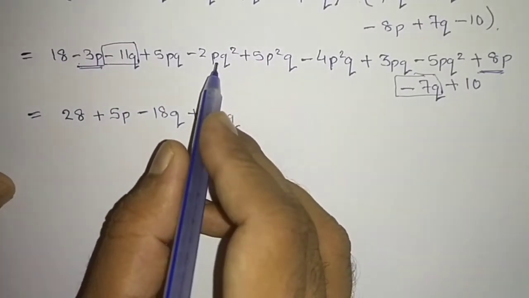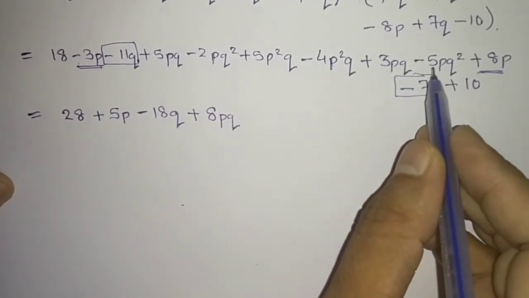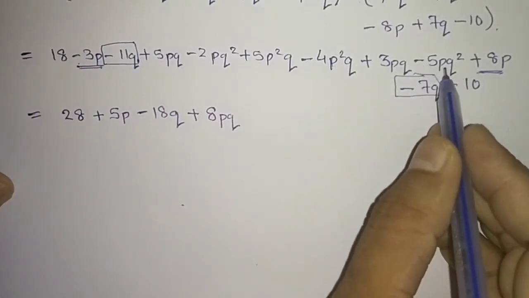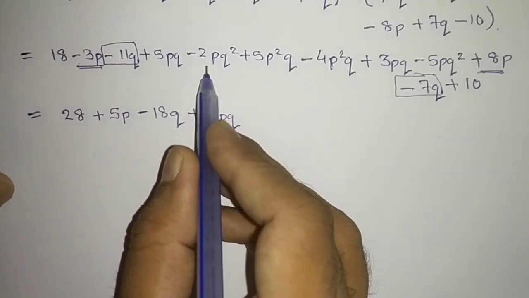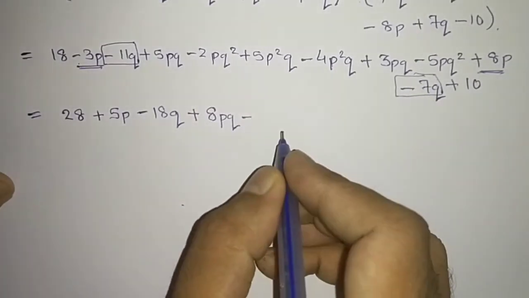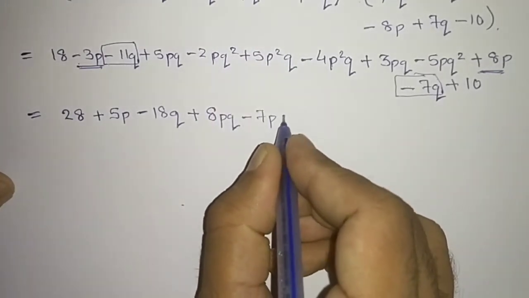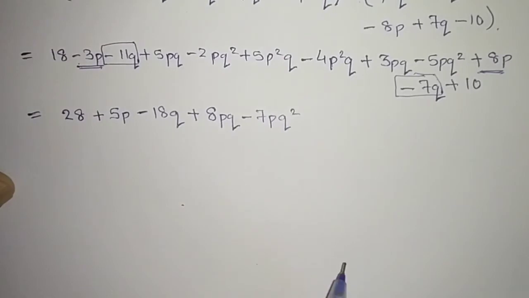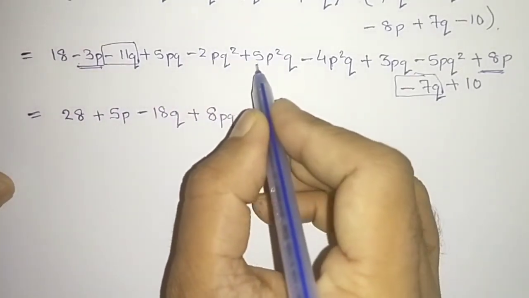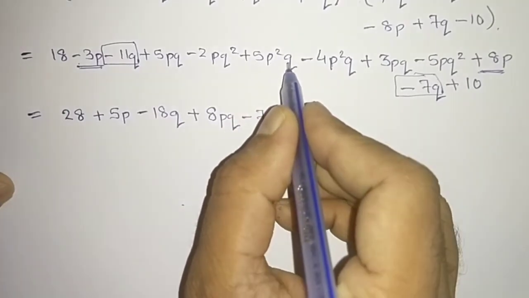Then minus 2pq square. We are supposed to see p and q square, so pq square. Here it is, so minus 2 and minus 5. Both are having the same sign, so I will place minus and add them, so I will get minus 7pq square. Now moving to this number 5p square q.